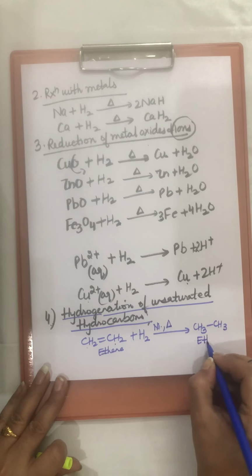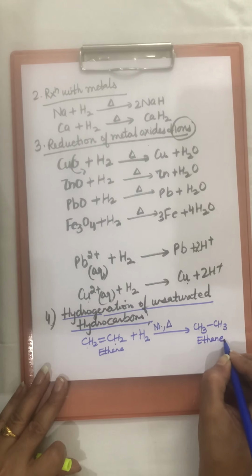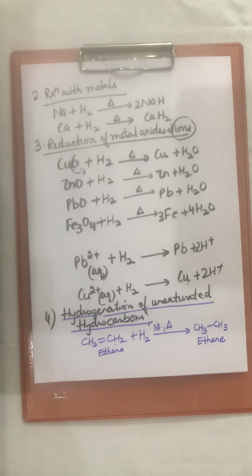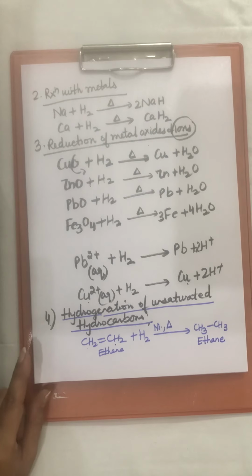So from ethene what we get is ethane. This reaction helps in changing the vegetable oils to vegetable ghee. So these are the four chemical properties of hydrogen.